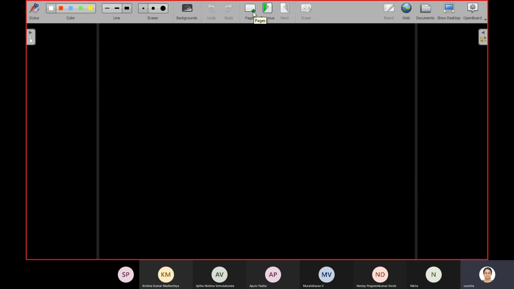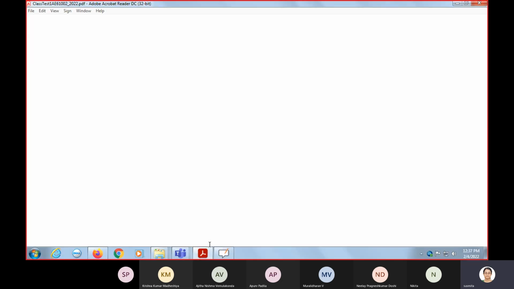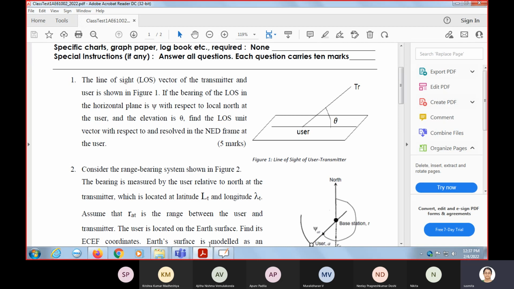So let's discuss. Okay, the line of sight vector of the transmitter and the user is shown in figure 1. Here we have the line of sight to the transmitter and we need to find the unit vector.